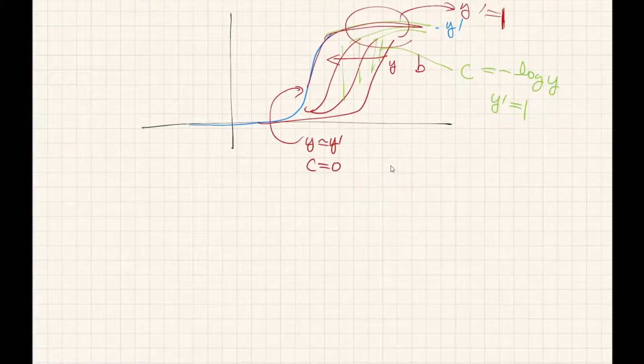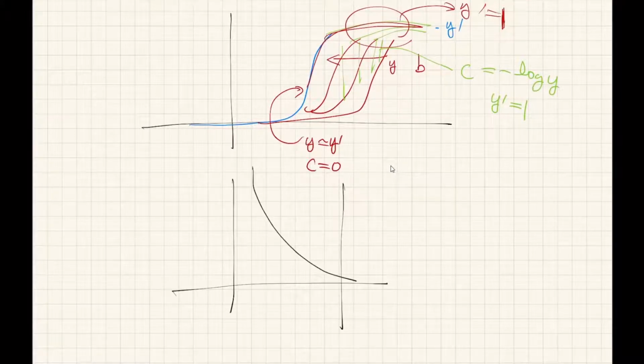So that means in the cost function, let's assume this curve is number 1, number 2, number 3, number 4. Eventually, this point is number 1, this point is number 2, this point number 3, and this point number 4.